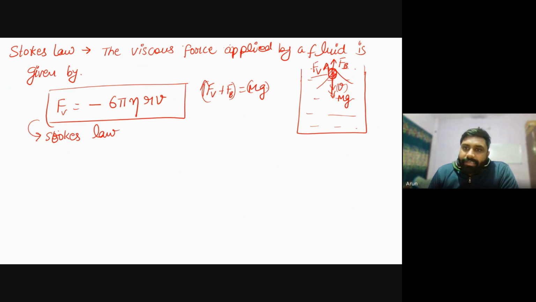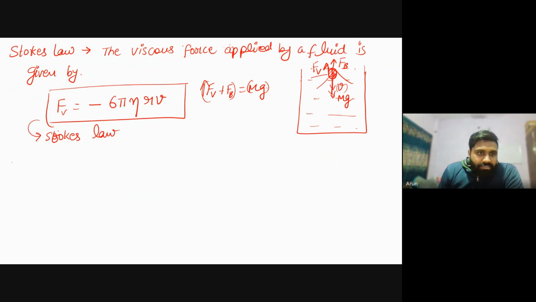And at that particular time, there is no net external force on the body or on the sphere which is traveling inside the liquid. And at that stage, you can say that it is moving with a constant velocity or the maximum velocity it can attain. Okay. So that maximum velocity is called the critical velocity or terminal velocity.